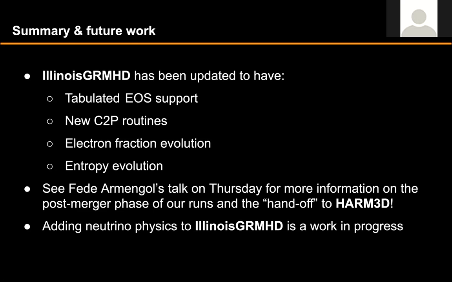And so that's the only treatment that we are using right now. It was actually pointed out in the past that there may be room for improvement there, but for now we're just using this simple evolution by subjecting it to the same PPM treatment that the other hydro quantities that are evolved are subject to. Okay, so this means you actually do not generate entropy when there are shocks. So, but this is improved enough in terms of the pre-merger evolution that it's a good bargain. Is that right? Yes. Okay, thank you.